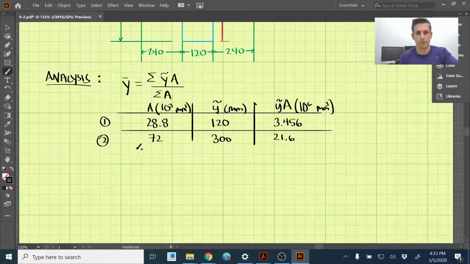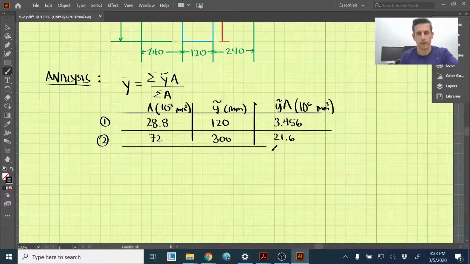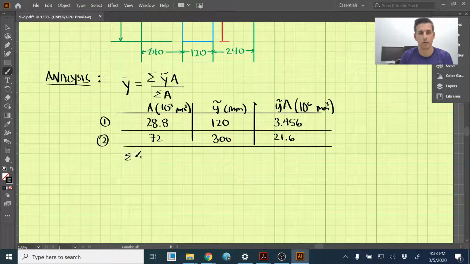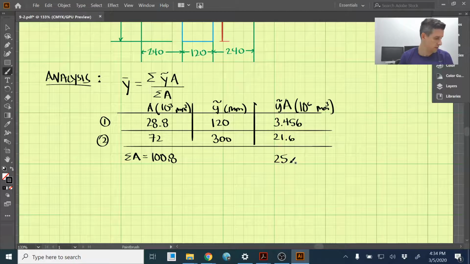And now, let's put another line across here. We need the sum of the areas for the bottom. So this will be the sum of the areas, these two added together. And that equals 100.8. And then we need the sum of y tilde times A. So that's the sum of these columns. And that is 25.056.